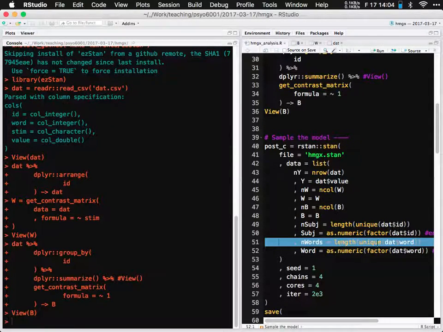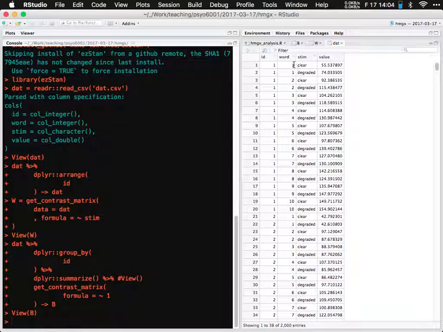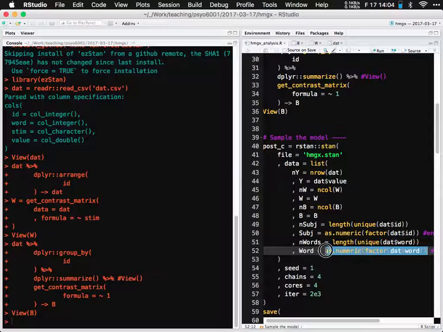We get the number of unique words, and ditto, pass in the numbers corresponding to the entries in Word. So in the data frame, I had literally numbers in here for Word, but maybe you literally had the character string corresponding to each word. This would still work in that it would give it the numbers corresponding to each level of Word.